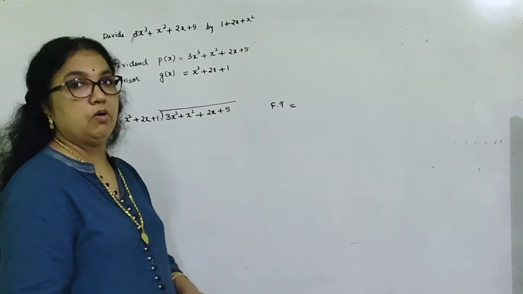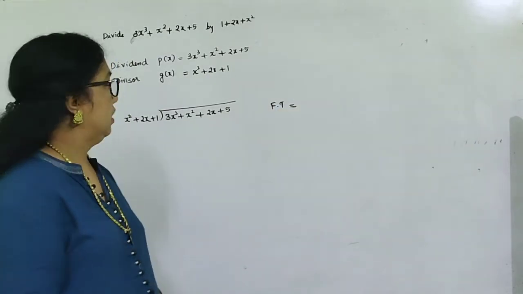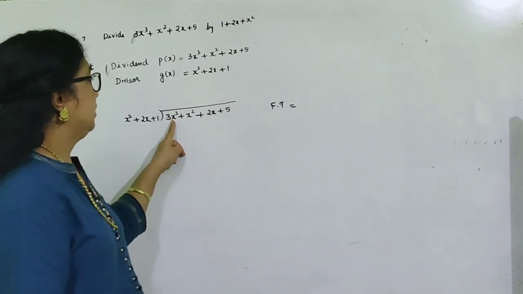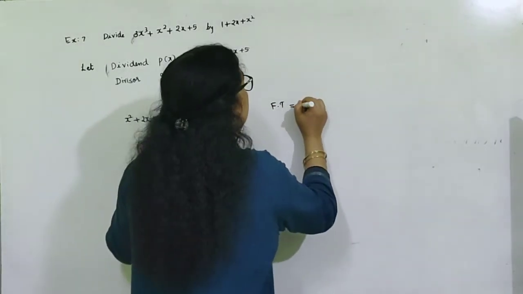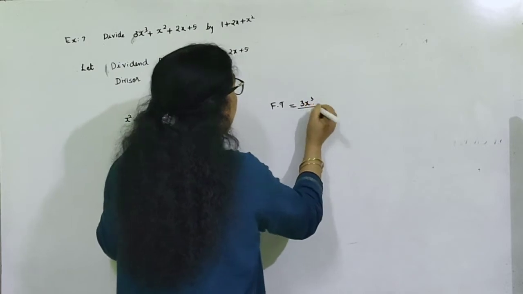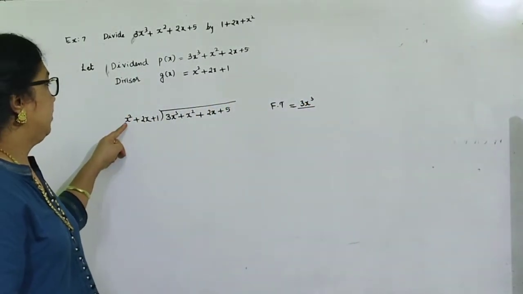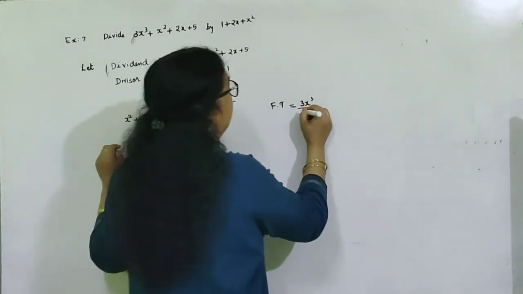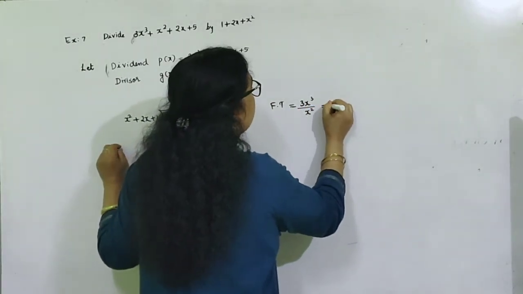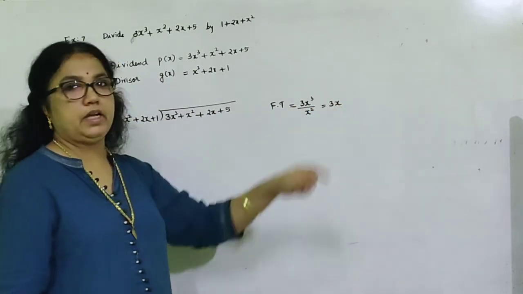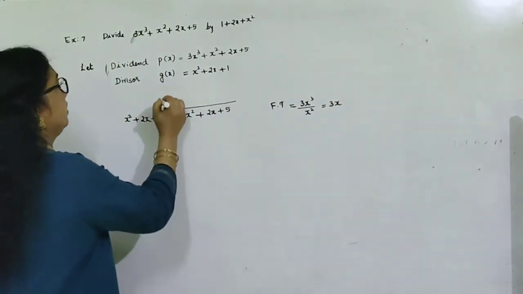FT means first term of the quotient. The highest degree term of the dividend is 3x cube, upon the highest degree term of the divisor, x square. So we get 3x; 3 minus 2, 1. So the first term is 3x.